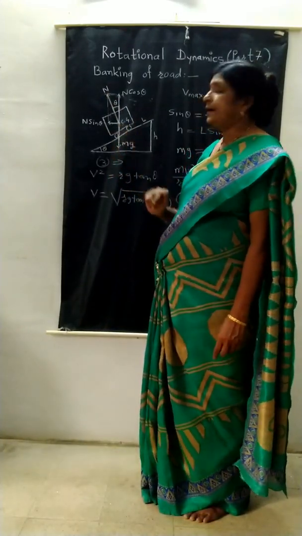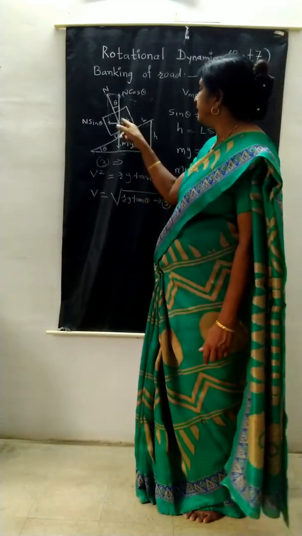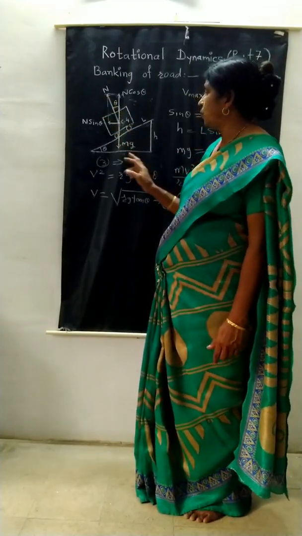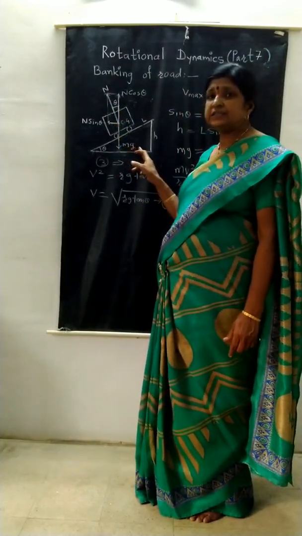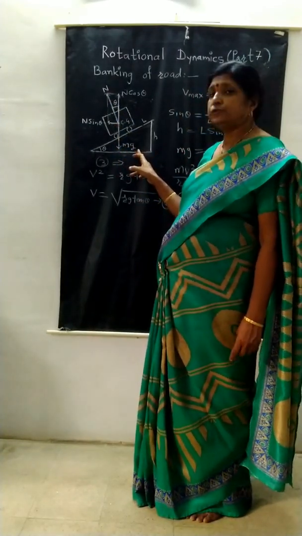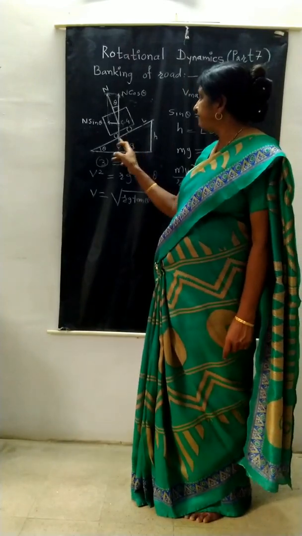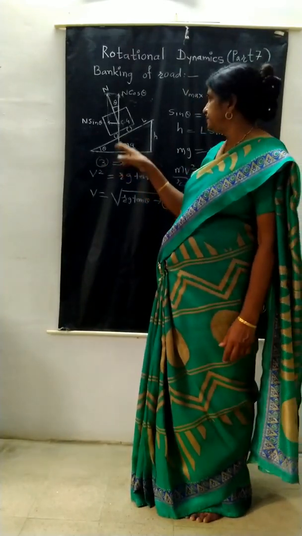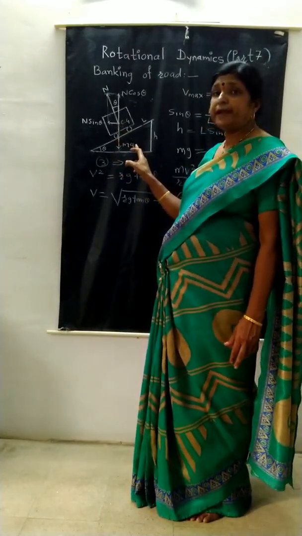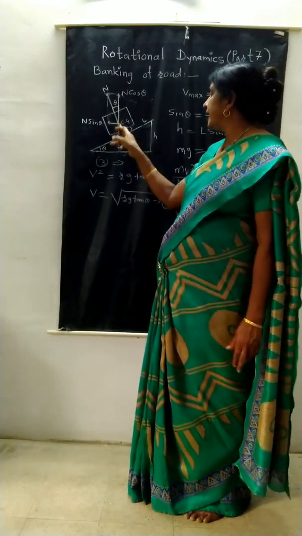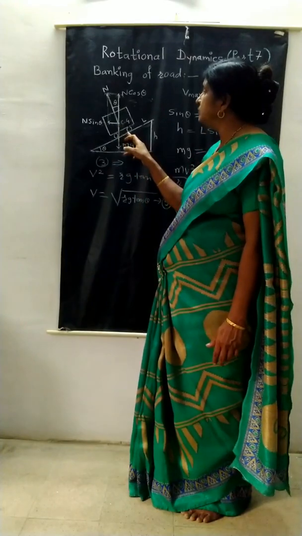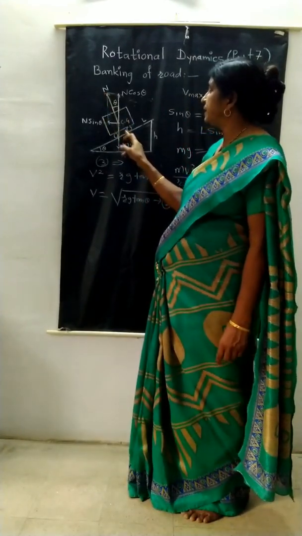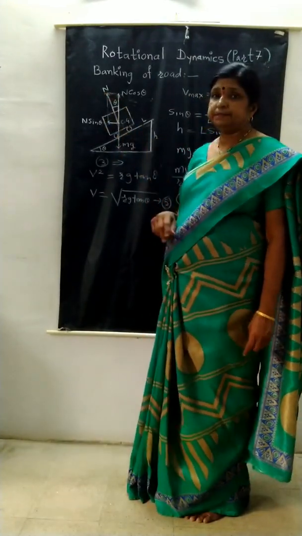In order to find out the resultant of these two forces, the weight mg, m is the mass, g is the acceleration due to gravity as usual. Mg is the weight of the vehicle, which is acting vertically downwards. And normal reaction is always normal, that is perpendicular to the surface.